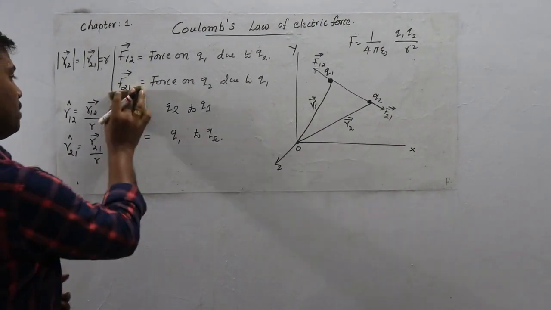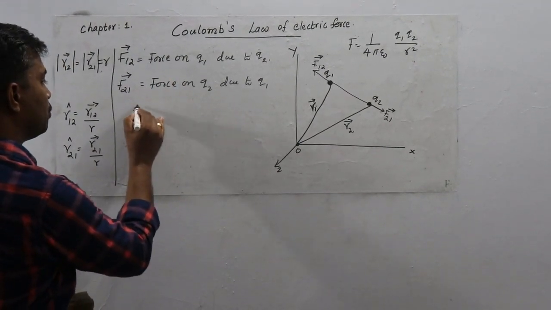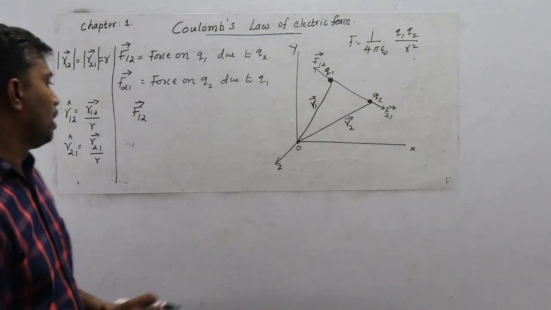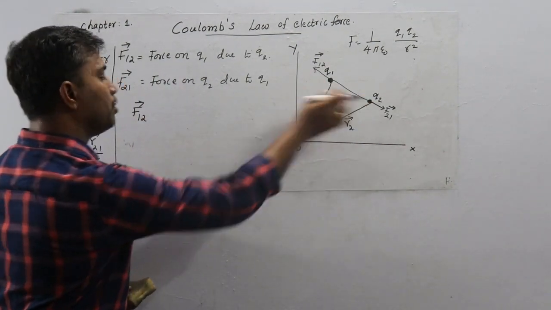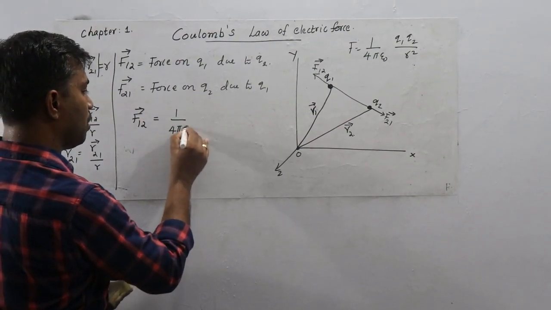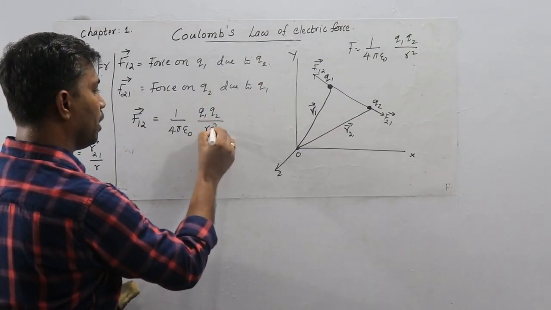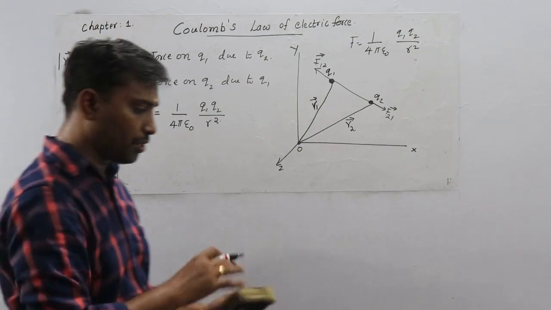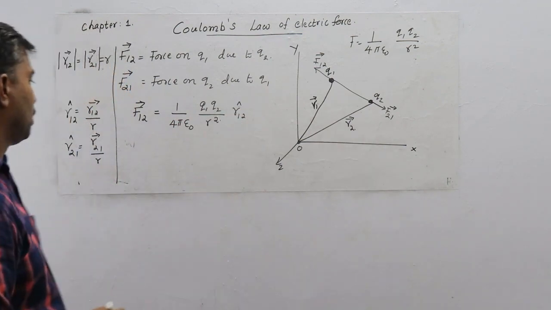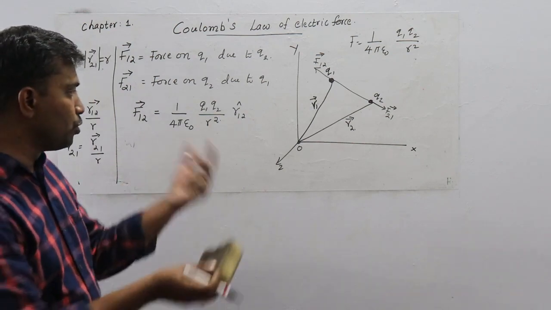First we are going to find F12, the force on Q1 due to Q2. That is given by F12 is equal to 1 by 4 pi epsilon 0 Q1 Q2 divided by R square, times the direction in which the force is acting, that is R12 cap. R12 cap represents the direction from 2 to 1.